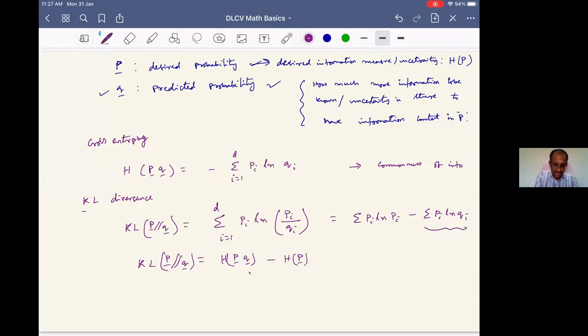So in some sense this can be considered a dissimilarity measure or a distance measure between the PDFs P and Q. And cross entropy is the commonness of information, as we discussed.